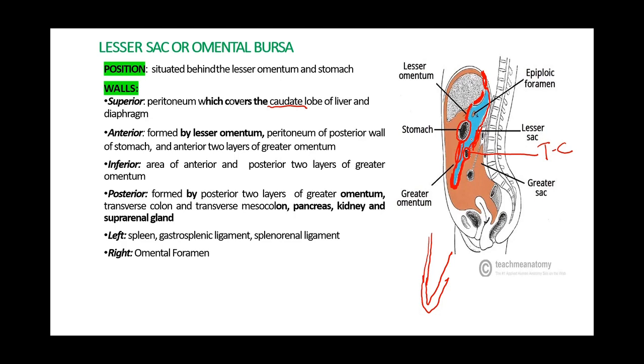You should remind me when we are talking about this ligament, if I forgot to tell you the clinical significance of this ligament, of the spleen. Then on the right side, there is the omental foramen. Okay. So these are the borders of the lesser sac.